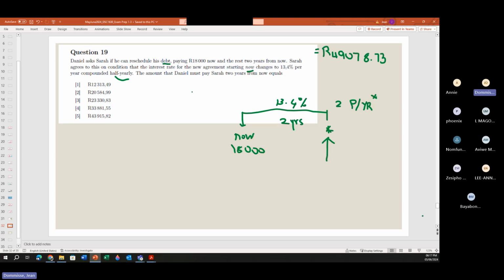This is again a bit confusing, because I would have just used that 49,078.73, subtracted 18, and then worked out the new one.